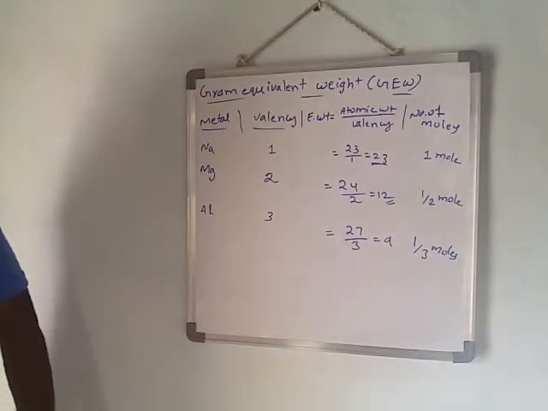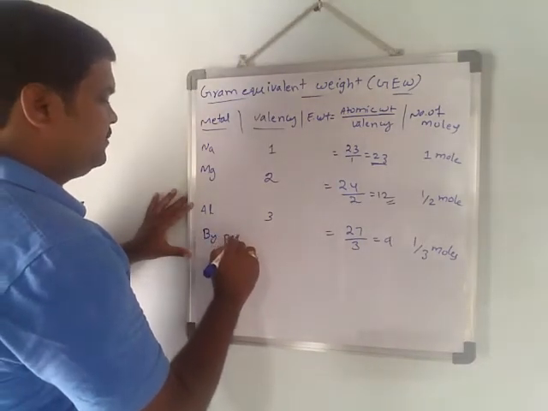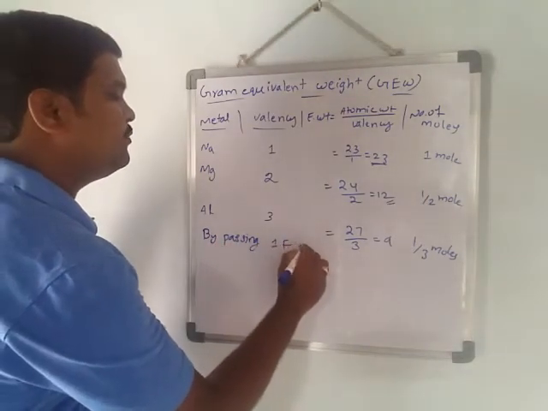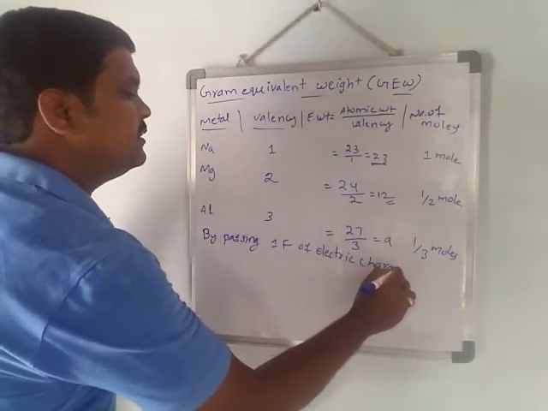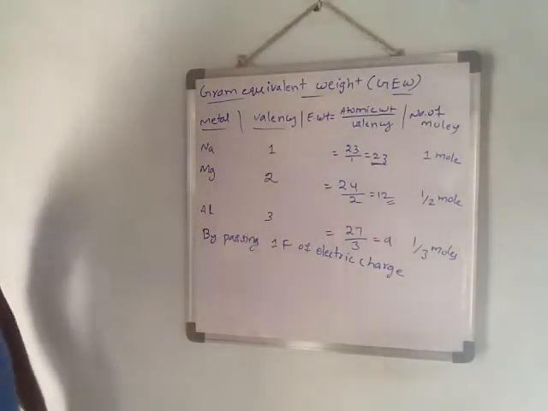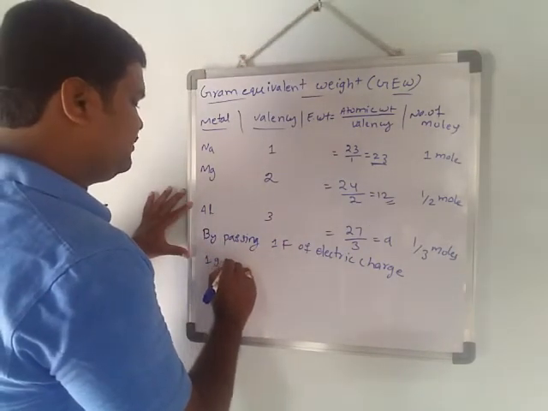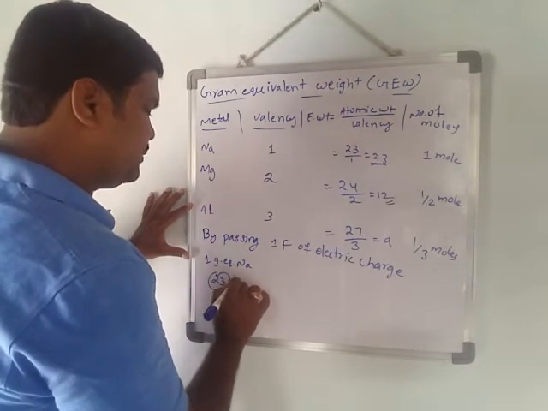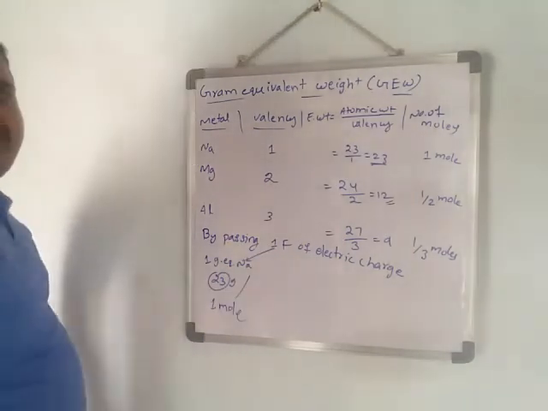So by seeing this, we can say that by passing 1 Faraday of electric charge, 1 gram equivalent of sodium, that is 23 grams or 1 mole, is deposited.